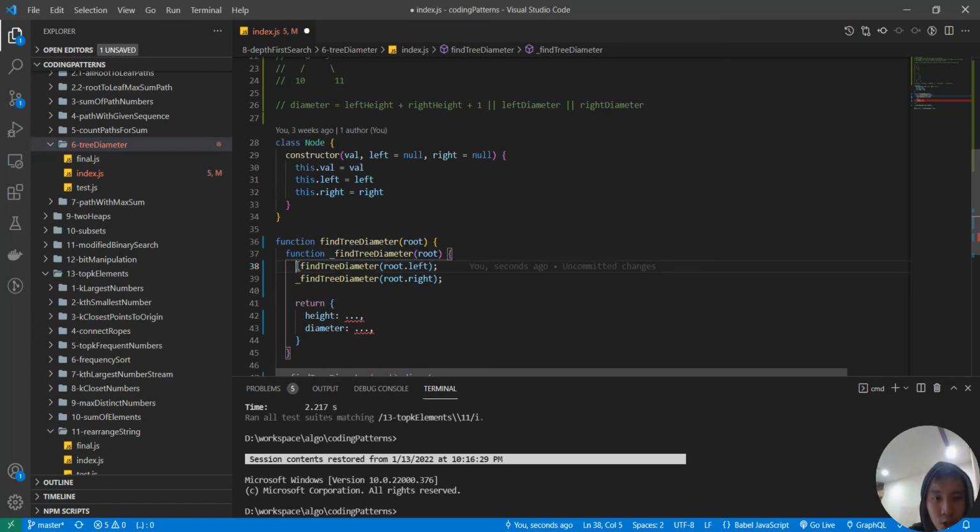And this one will return height and diameter. This one also.